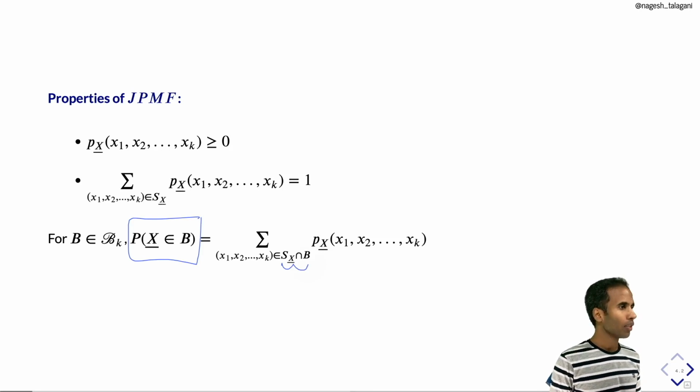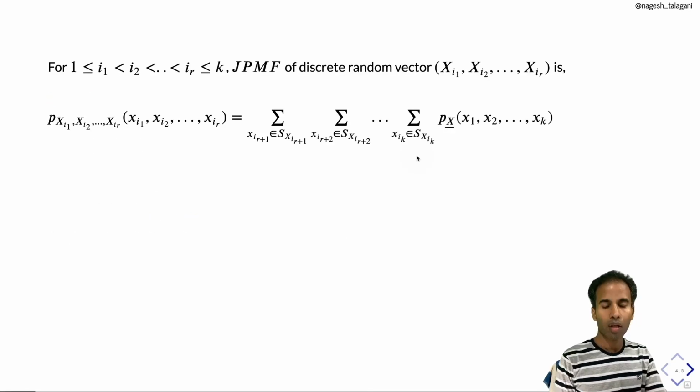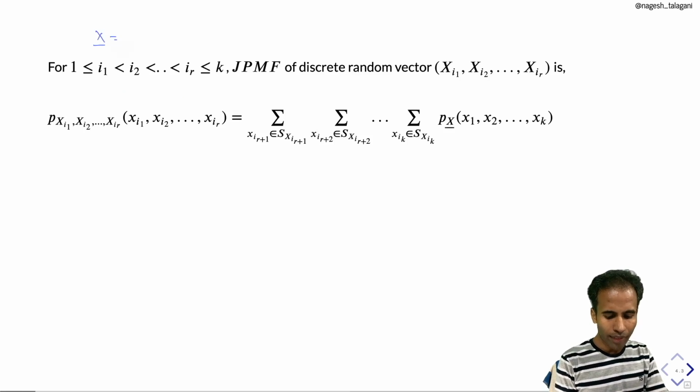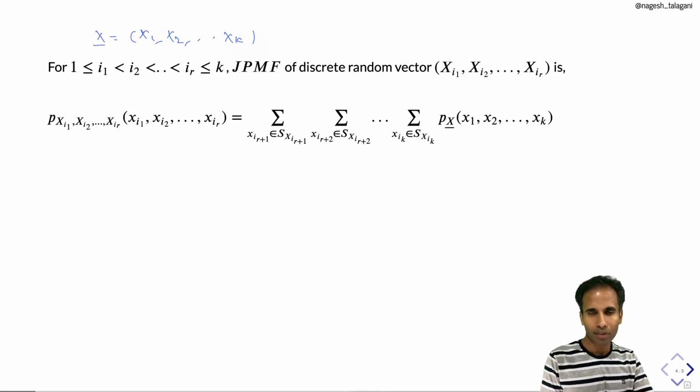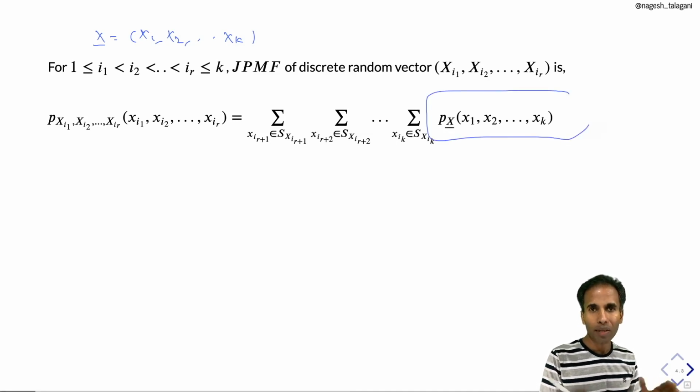For a k-dimensional random vector X = (X1, X2, ..., Xk), here X_i1, X_i2, ..., X_ir are some subcollection of the random variables from X1, X2, ..., Xk. If you want the joint PMF of this subcollection of random variables, what we do is simply sum the joint PMF of X over the support of the remaining variables.